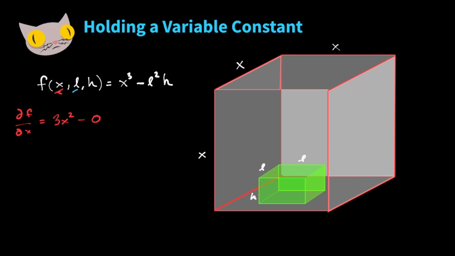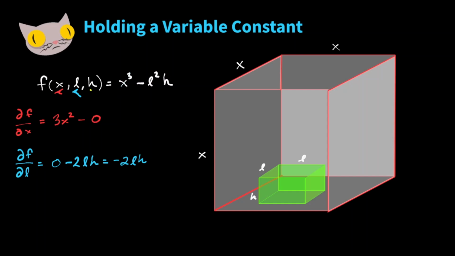Now let's go ahead and find the partial derivative with respect to L. So we have del f del L. That'll give us 0 minus 2L times h, or just negative 2Lh. There is no L in this term, so this went to 0.